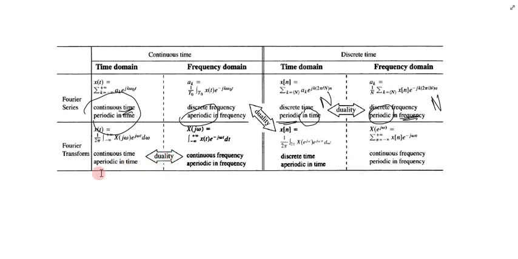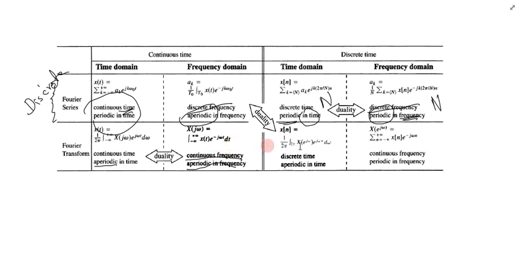There you saw that if you have a continuous time signal which is aperiodic in time, its Fourier transform was also aperiodic in frequency, and the spectrum was continuous in frequency, whereas the Fourier series is discrete in frequency. For discrete time signals, the Fourier series is discrete in frequency, whereas your Fourier transform is continuous in frequency.